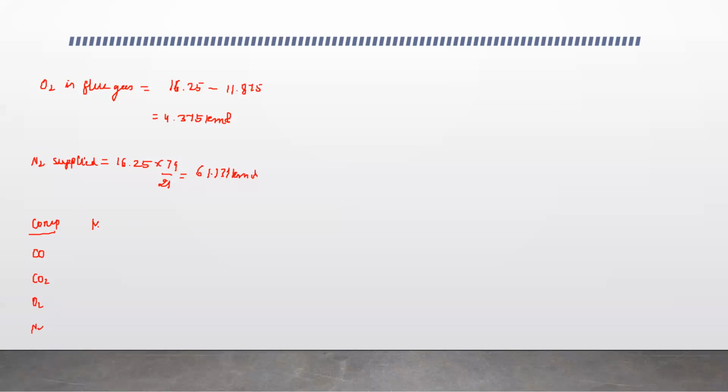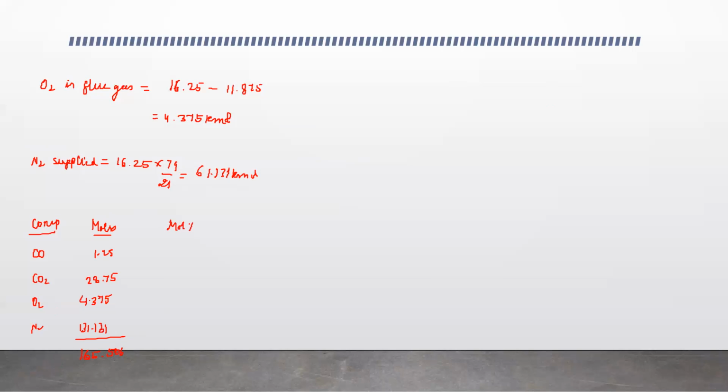Moles of each: carbon monoxide was 1.25, carbon dioxide 28.75, oxygen 4.375, and nitrogen 131.131. When we add all of them, we get 165.506 kilomole in total.